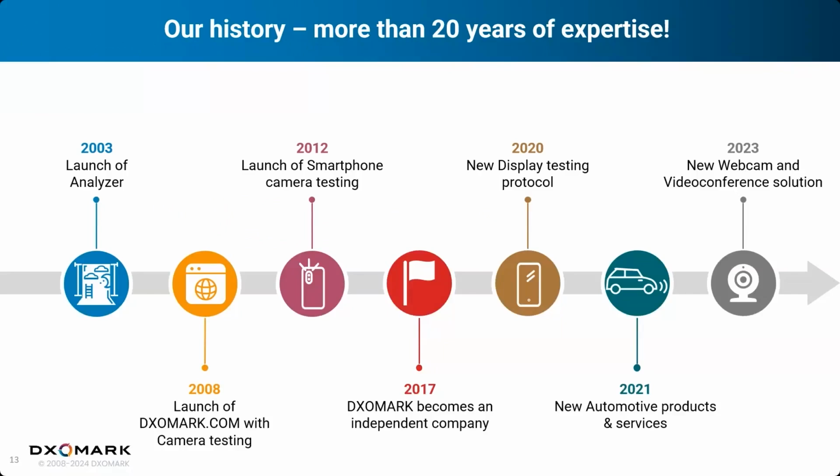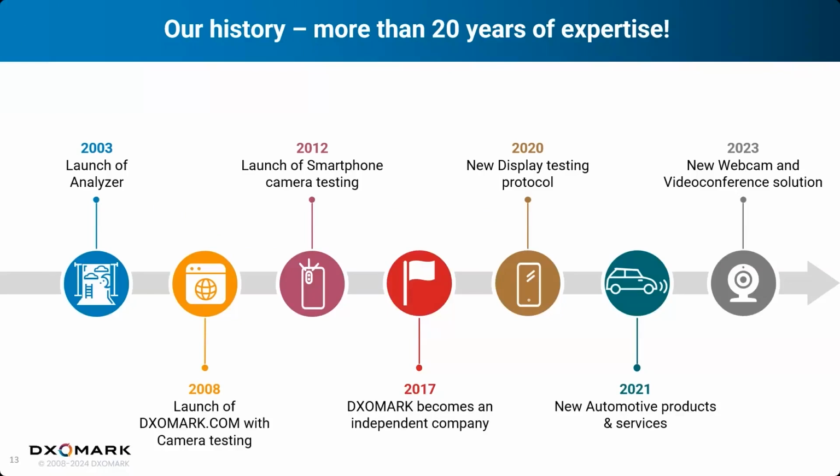So DXOMARK is basically a 20 years old test lab solution provider and test house. We started in 2003 with the launch of DXOMARK Analyzer, which was image quality testing software and hardware solutions.